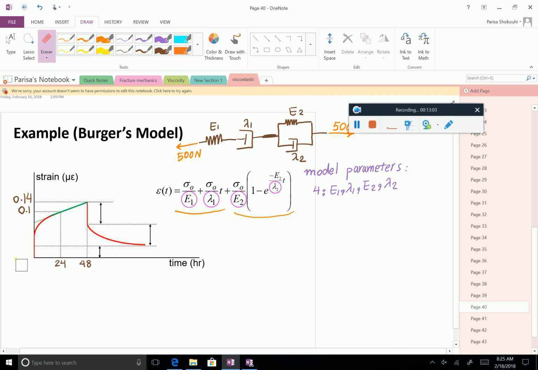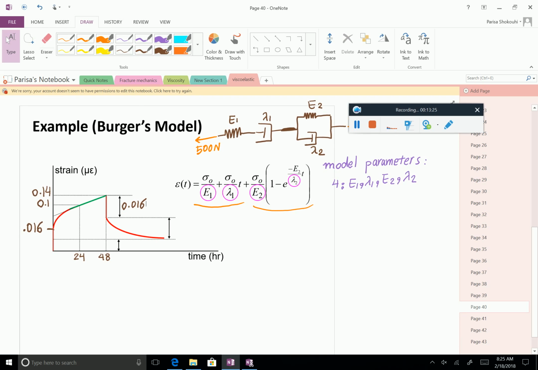So maybe for instantaneous deformation we also put the number 0.016, and the recovery is going to be equal to the elastic deformation. It's 0.016, and this is the instantaneous recovery, and then we have delayed recovery.